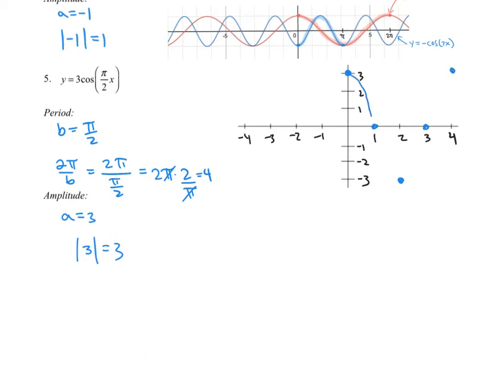And that would be 1 cycle. And then we repeat that on the other side. Down, down, up, up. And that pattern would continue. So I'm going to put some arrows here.